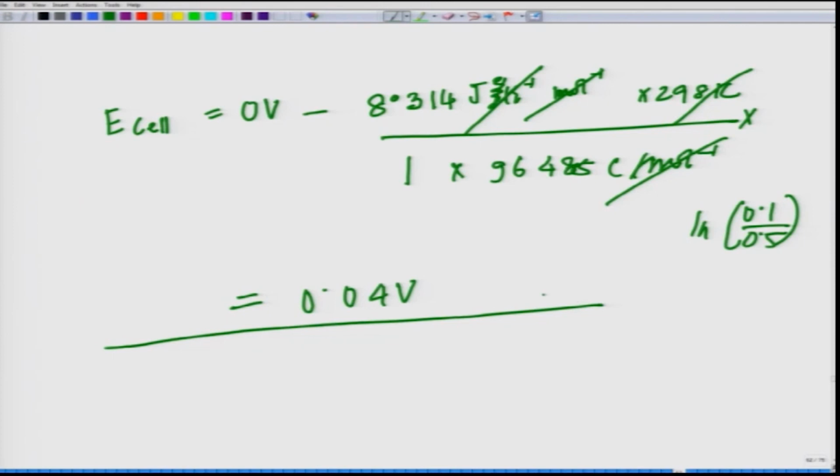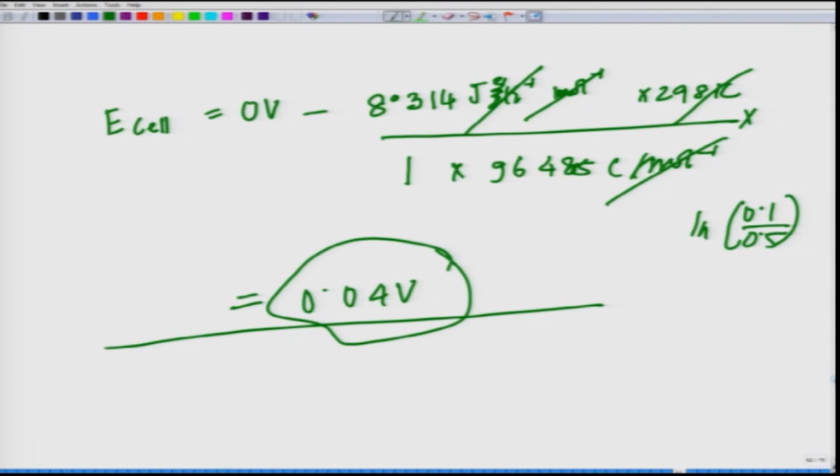The value of E cell for a concentration cell is quite small, as you can see with 0.04 volt. But what is important is that when current is drawn from the cell, the potential decreases as the reaction proceeds. The concentrations in the two half cells tend to equalize. When the concentrations are the same in both half cells, the reaction comes to equilibrium where E cell becomes 0.